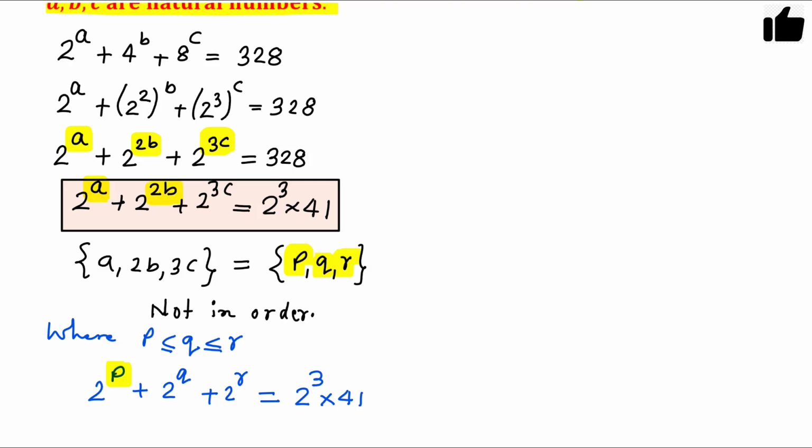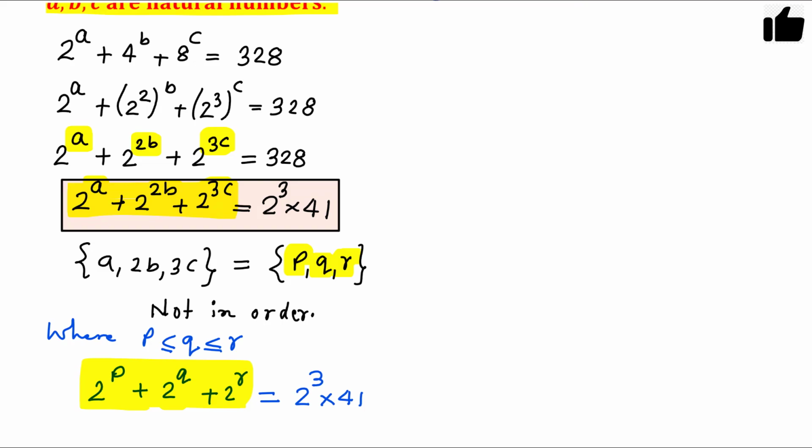Let us say 2b equals r, then this term is 2 raised to the power 2b. And 3c, let us say 3c belongs to q, so this becomes 2 raised to the power 3c. Basically these three numbers are mapped to three numbers, but the order is not known. But we know r is the largest number and p is the smallest number.